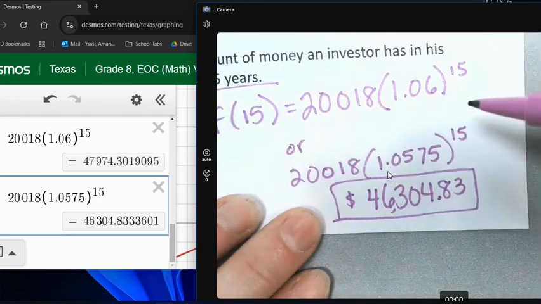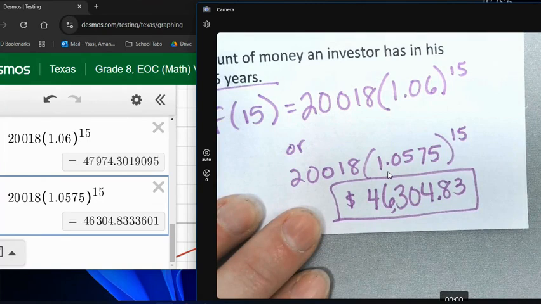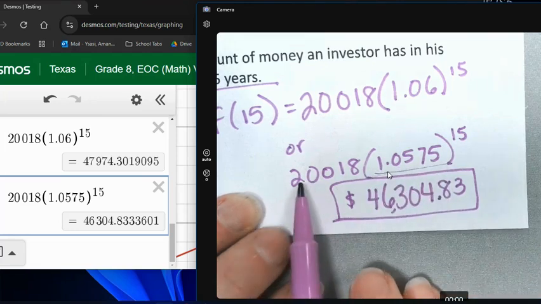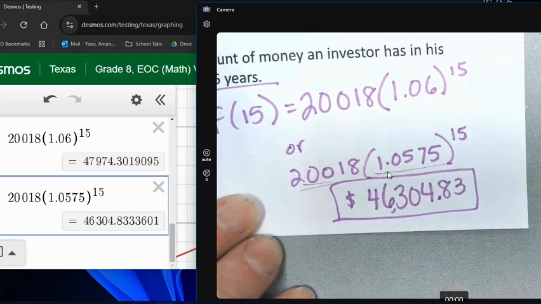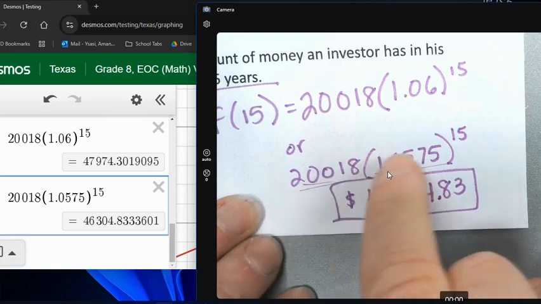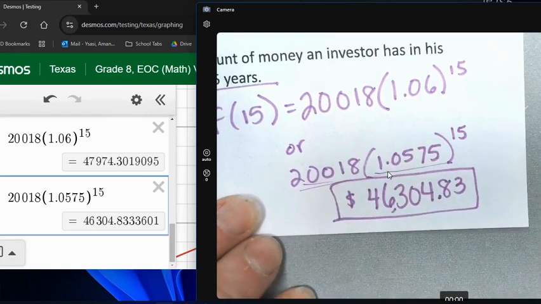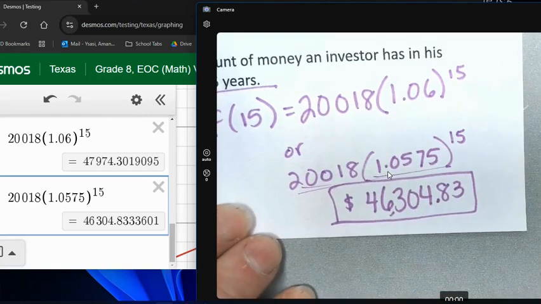So the other one, it was 47,973. So it's a little off from the actual. So if you want the actual amount, you'll use this full amount and also this full amount. Don't round on your A and B. But of course, if it's multiple choice, you're looking for the closest to the answer.